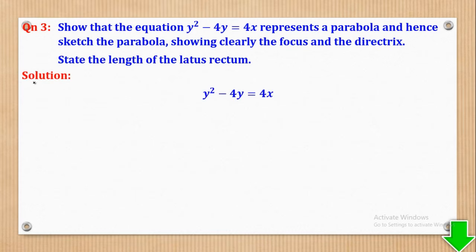So we shall start by quoting the given equation. The next is to complete squares. Now how do they complete squares? Look at this. It is -4. Divide by 2, you'll come up with this. After that, you square it. You square everything. Y minus 2, you square it.